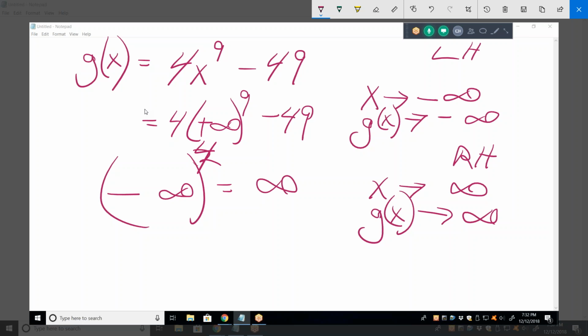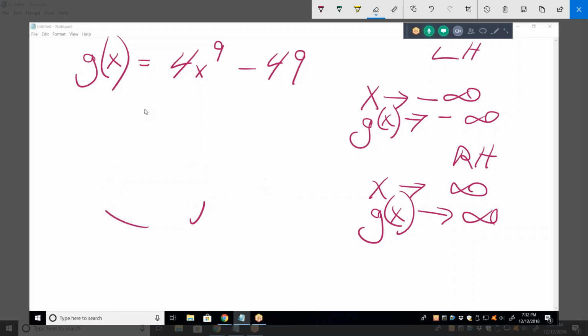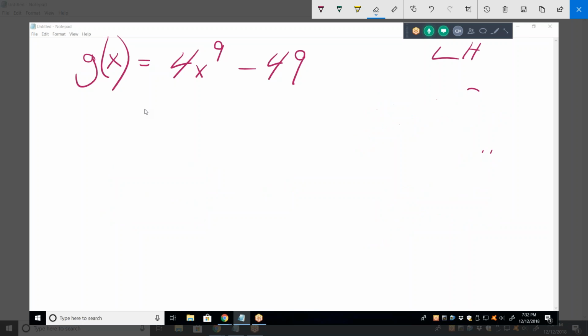Okay. Now, this problem looked kind of interesting when I first looked at it, because it looks almost like difference of perfect squares. And I suppose it kind of is. What's the square root of that?